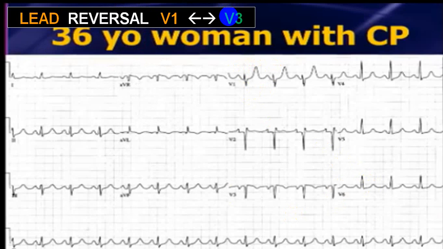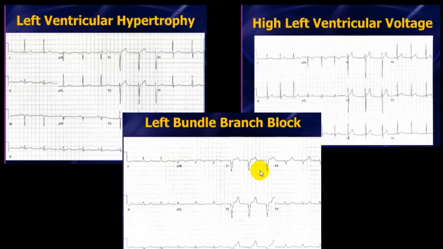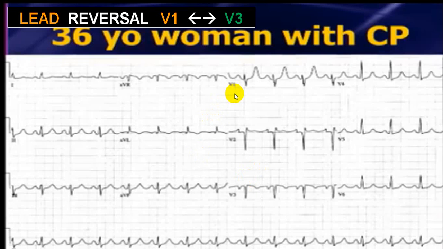So now the important part, what has happened here? By mistake, lead V3 is put at V1 and V1 is put at V3 here. So this is V3 and this is V1.